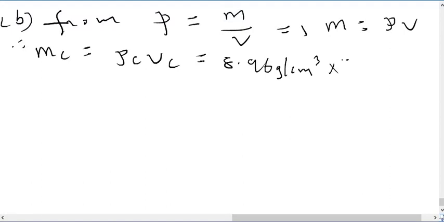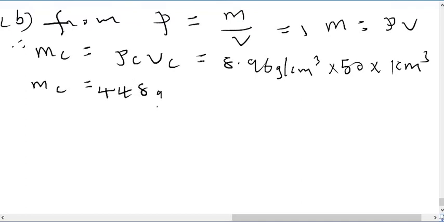So the area is 50 times 1, that is in centimeter cube. We don't have to convert here, this centimeter will go with centimeter. So the mass of copper is equal to 448 gram, which is equal to 0.448 kilogram. So that is the mass of copper.